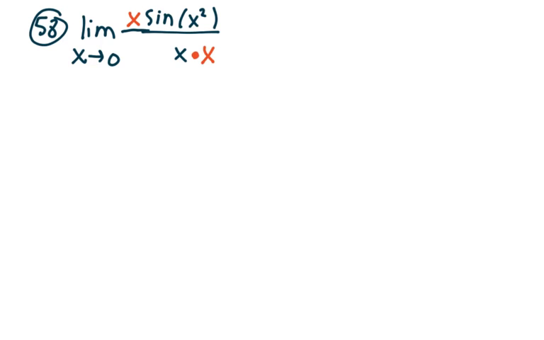I can't move an x outside of the limit. Why? Because we're limiting on the x. It's not constant. Okay? So you have to be careful there. And so if you notice, we got the limit as x goes to 0 of x sine of x squared divided by x squared.